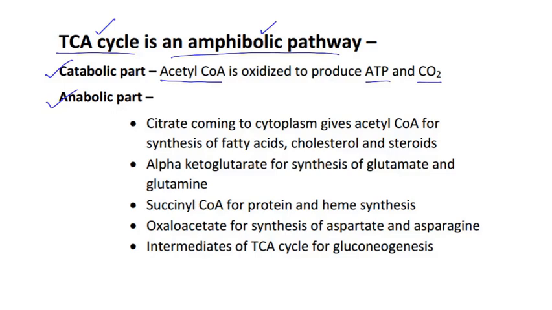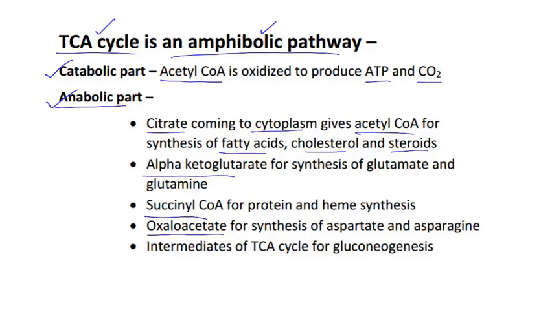On the other hand, in the anabolic part, some important intermediates of the TCA cycle like citrate, alpha-ketoglutarate, succinyl-CoA, and oxaloacetate can produce some important compounds. Citrate in the cytoplasm gives acetyl-CoA for synthesis of fatty acid, cholesterol and steroid.